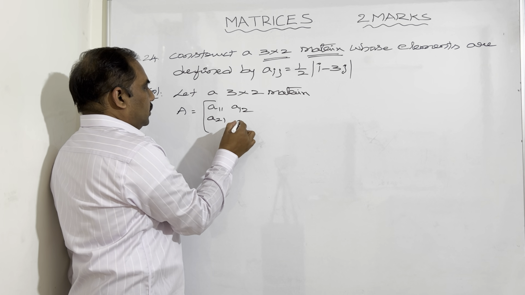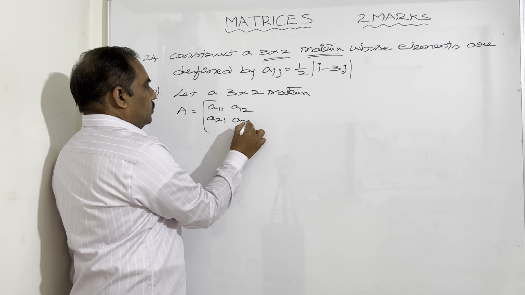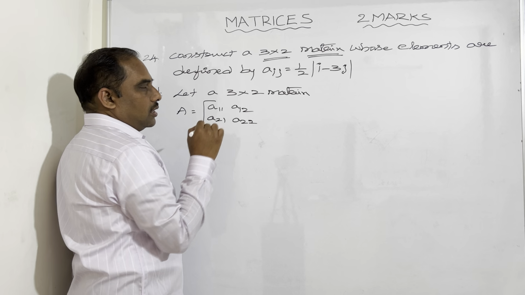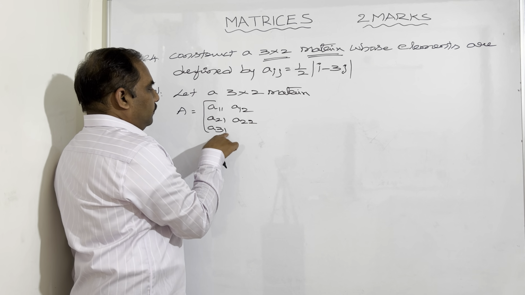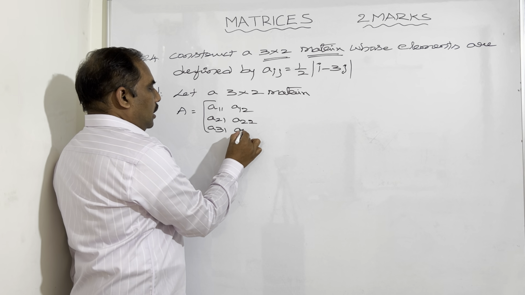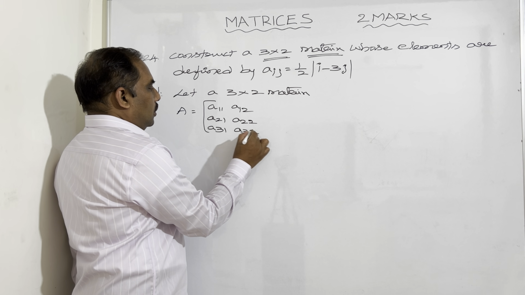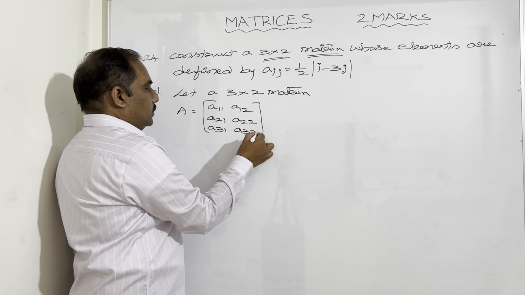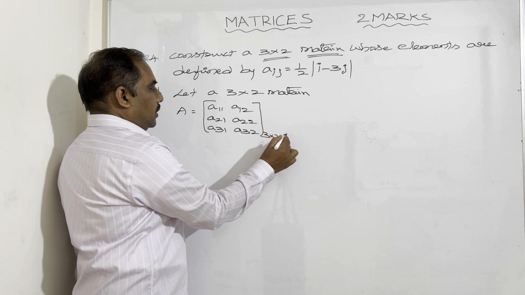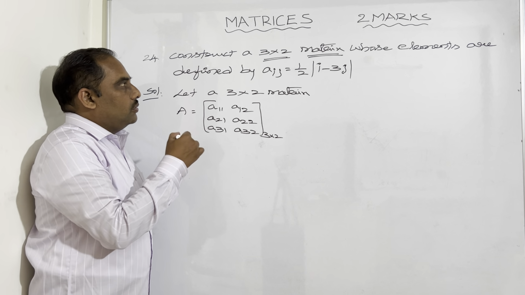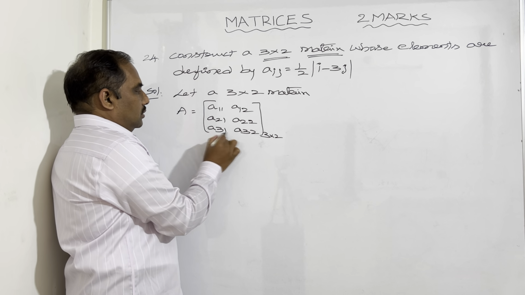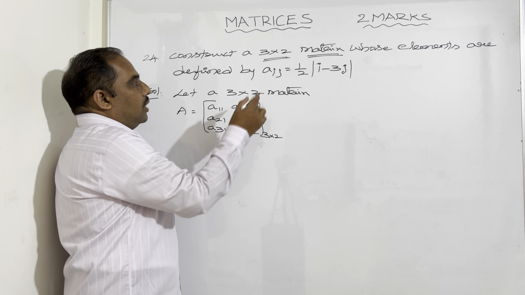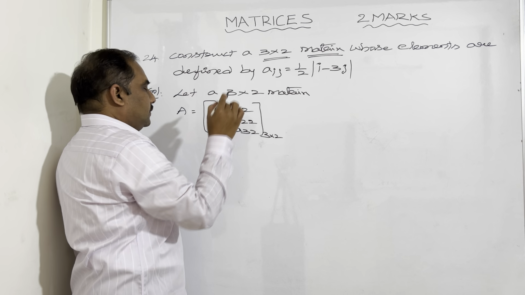A21, second row, first column element. A22, second row, second column element. A31, third row, first column element. A32, third row, second column element. See, observe here, this is a 3 by 2 matrix. So you have to consider a 3 by 2 matrix like this. See, first row, second row, third. Right? Now you have to find the elements given like this here.